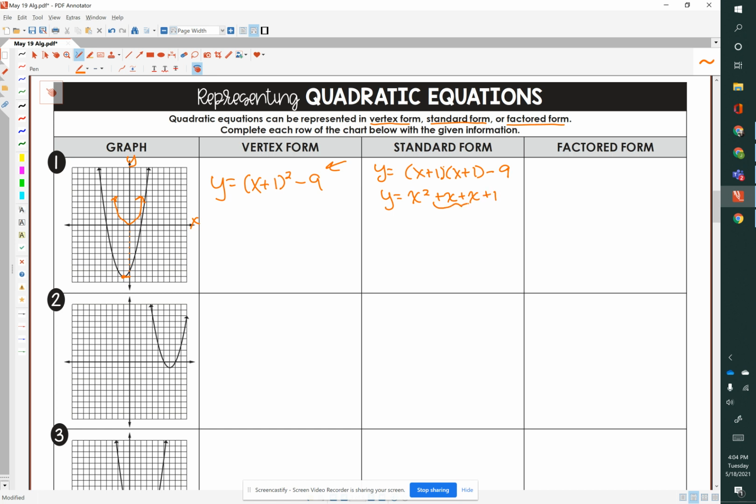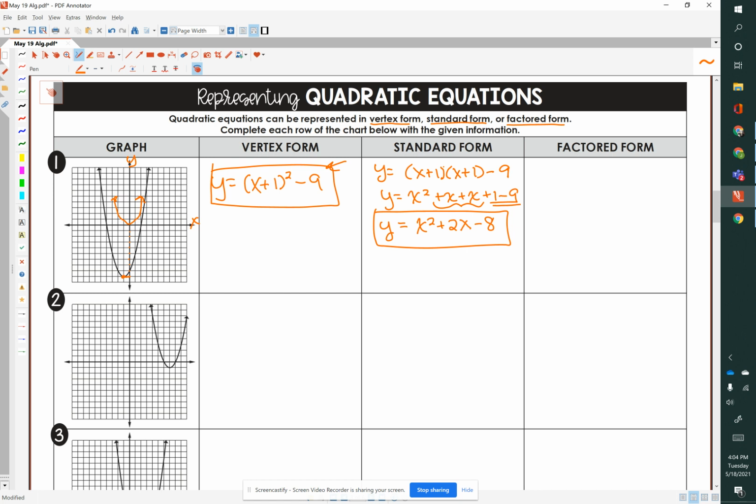And we can combine these. So y equals x squared plus 2x, and plus 1 minus 9 is minus 8. So there's our standard form. Here's our vertex form, and here is our standard form of the quadratic.